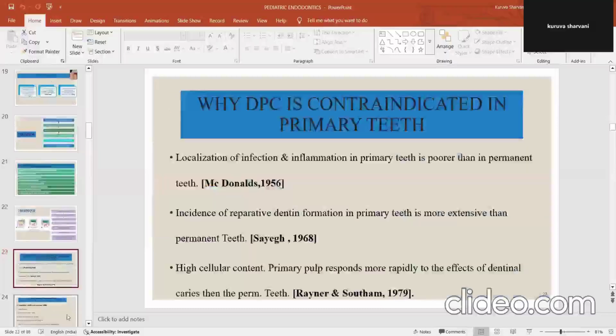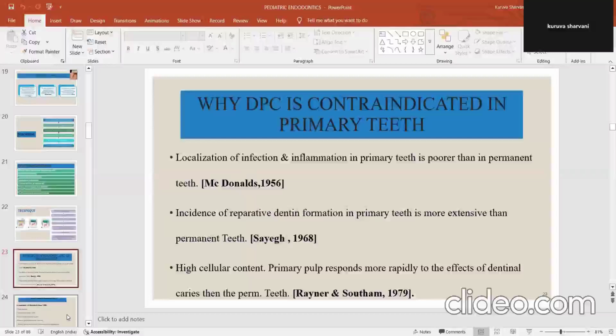Next, the main controversy that is going on is why direct pulp capping is contraindicated in primary teeth. Initially they have said the localization of infection is very poor in primary teeth rather than that of permanent teeth, because the pulpal horns are very high in primary teeth.